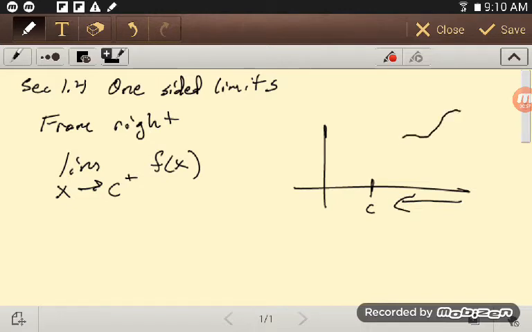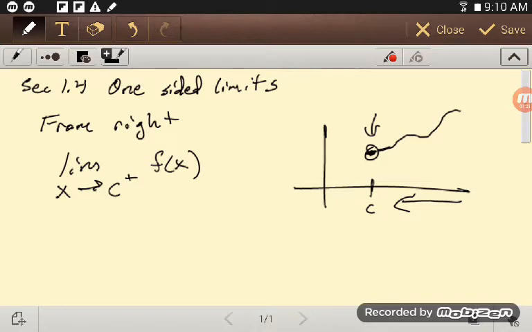We're looking at the path coming down this way, and we're wondering what happens as we come into this point, and does that exist?